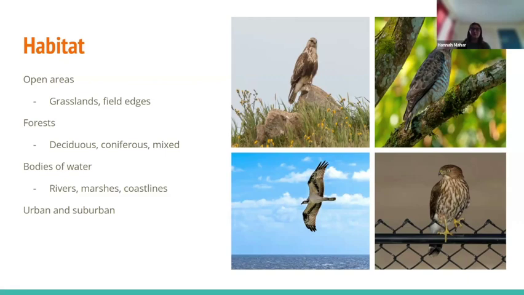Also lakes, marshes, coastlines, that's where you'd find our bald eagles, our ospreys, our fish-eating hawks, any of the ones who are very well adapted to going after more marine prey items, and also waterfowl in the case of the bald eagle. And then we do have some birds that have adapted fairly well to hunting in more urban settings.